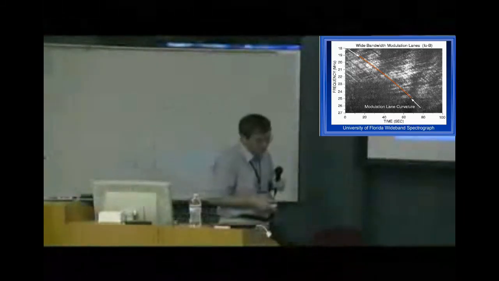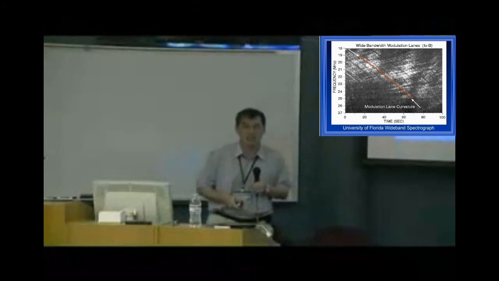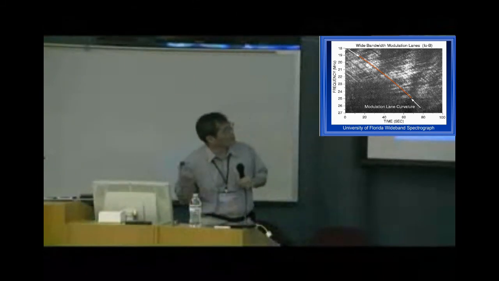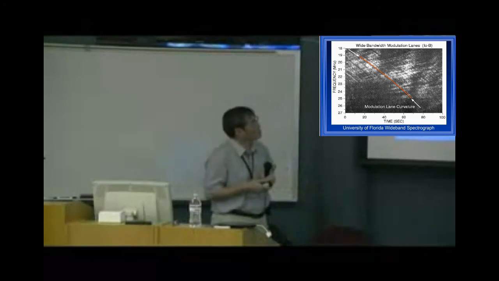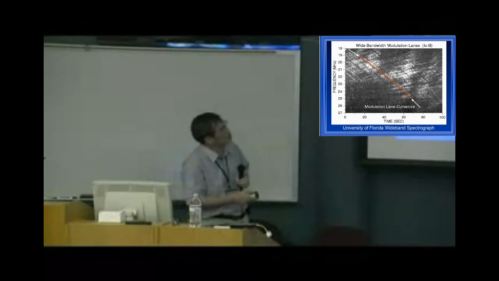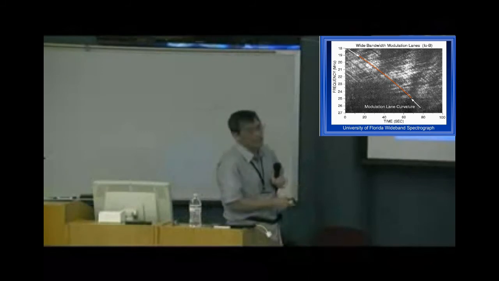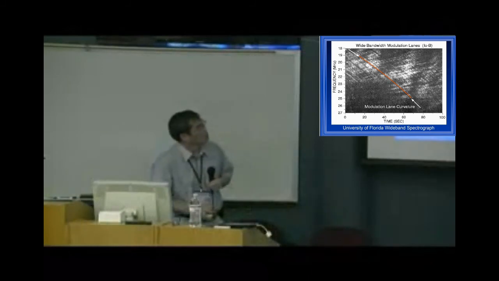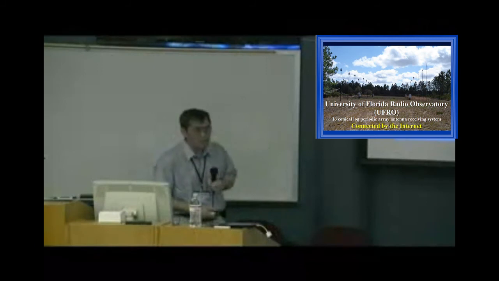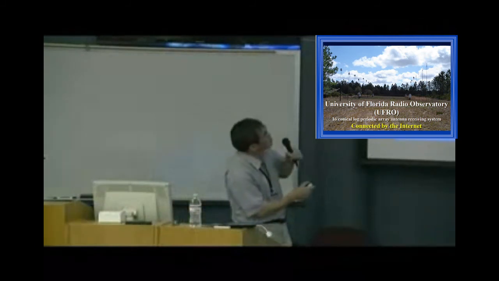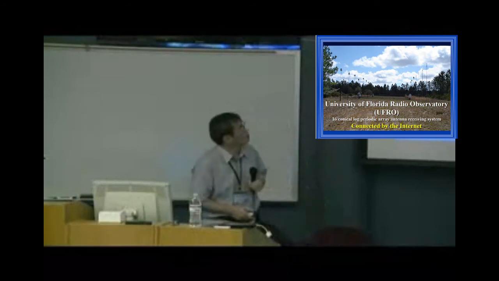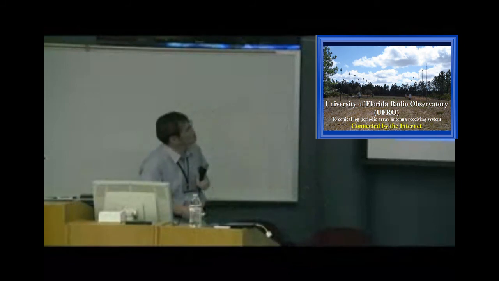And so this is the latest modulation lane research by our group. Chuck, Francisco, and I are using LWA data. This LWA is very powerful. The array consists of 256 dual-polarization dipole stands.